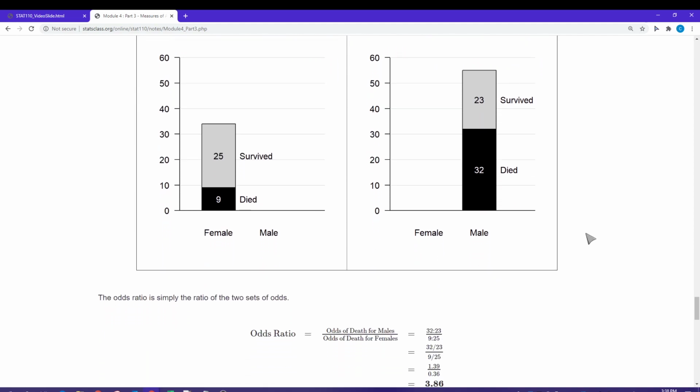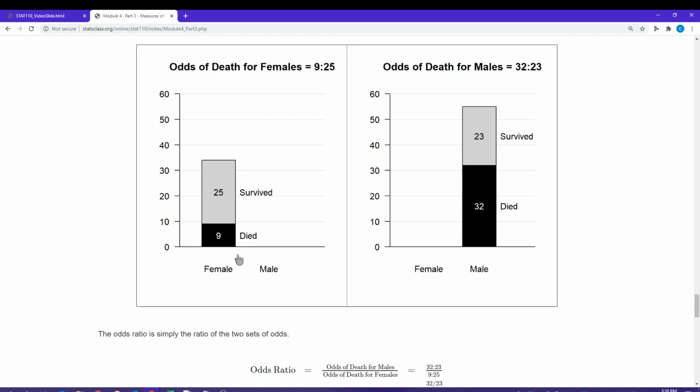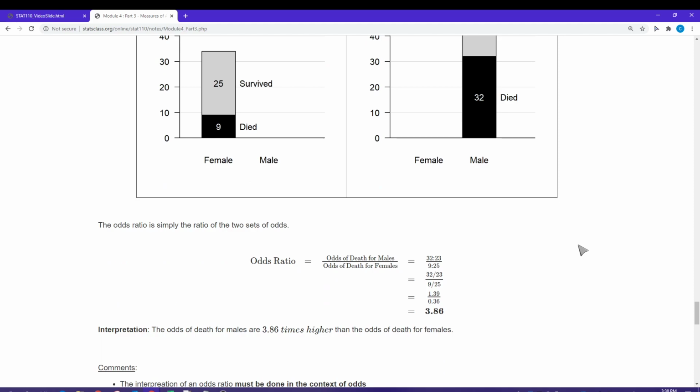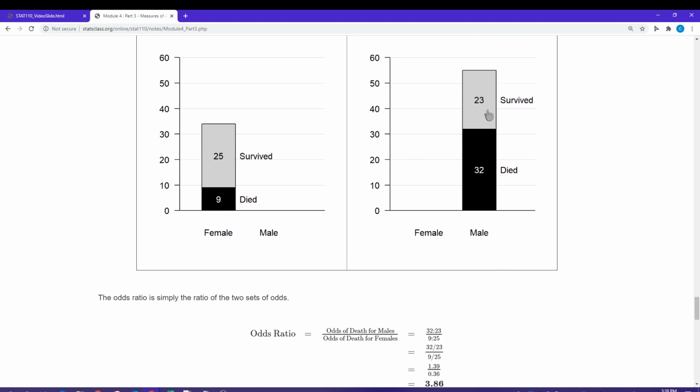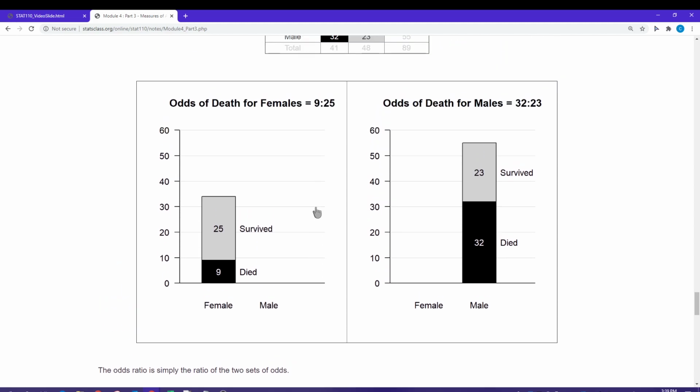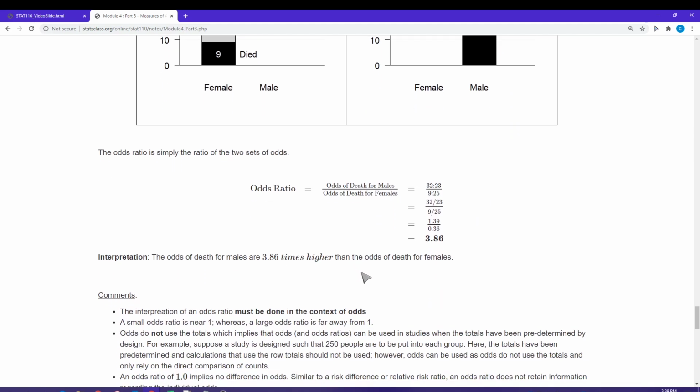So the odds ratio is going to be a comparison of what's going on for the females compared to what's going on with the males in terms of odds. Again, we're going to want to compute this so that it's bigger than 1. So I'm going to look at the odds of death for males, which are 32:23, relative to the odds of death for females, which are 9:25. Now we pull just a sleight of hand there because I cannot do this ratio with a colon.